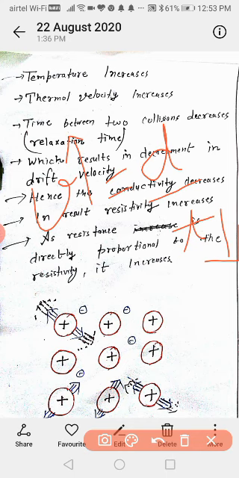Let us take some numerical values. If the average time between two collisions was 2 seconds, and we are calculating the number of collisions in 60 seconds, then there will be 30 collisions.